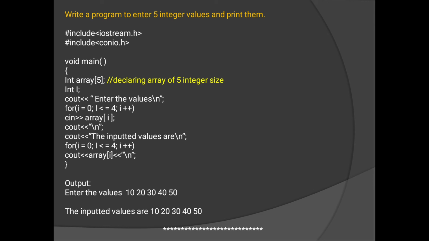We use the overloaded operator to display on the monitor screen the string, enter the values. Anything written within the double quotes, the compiler will simply print as it is. \n is the new line, an escape sequence character, that will move the cursor to the next line.